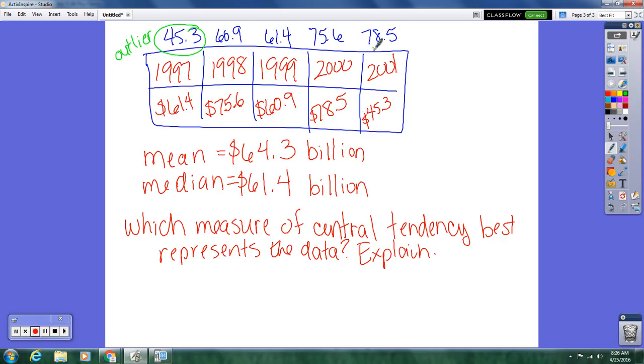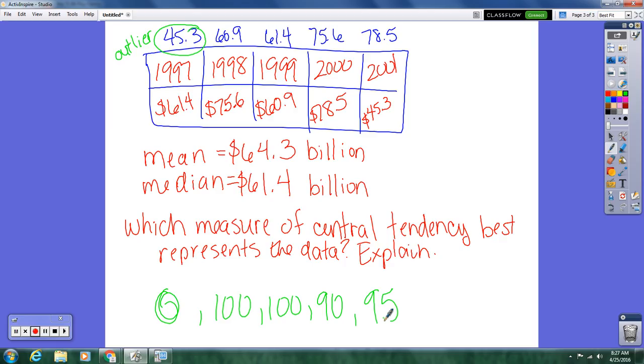Think about it this way. If those were test scores, and I average those test scores, is that 0 going to affect the average? Yes. Okay? So the 0 you know is going to affect the average.